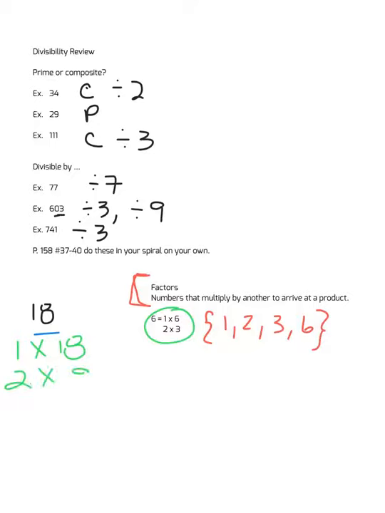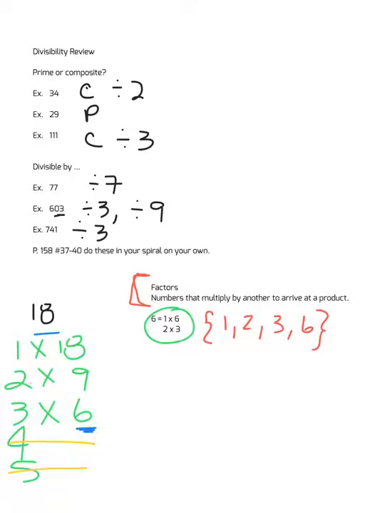2 times 9 is 18. 3 times 6 is 18. 4, well, 4 times nothing will get me to 18. And then I'm going to look at 5. Nope, 5 won't go into 18. And notice that the next number on my list would be 6, and 6 is over here.